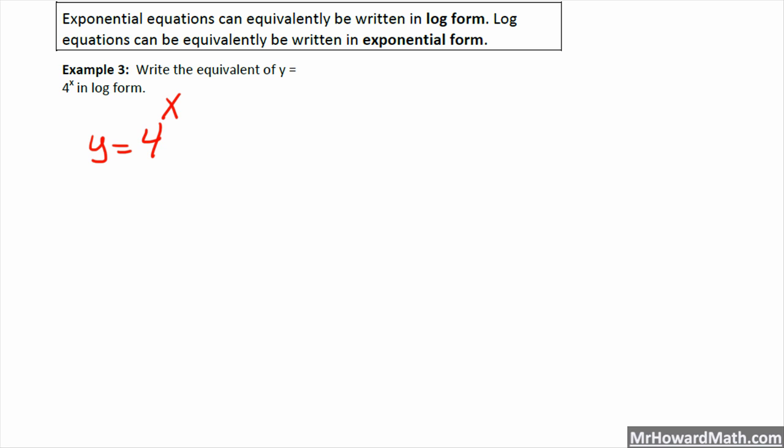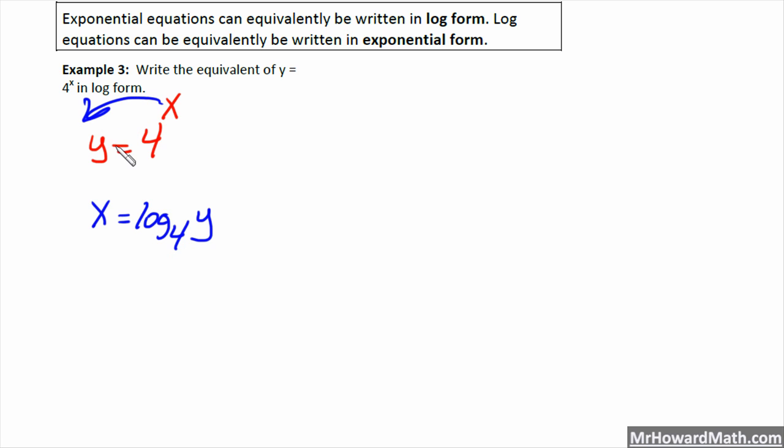So here is the way that I describe it. The base is 4 here, so the base of your logarithm will be 4. So we'll put log base 4 over here, and everything else crosses over. So this x crosses to this side of the equal sign, and this y crosses over to this side. So the base is the base, everything else crosses.